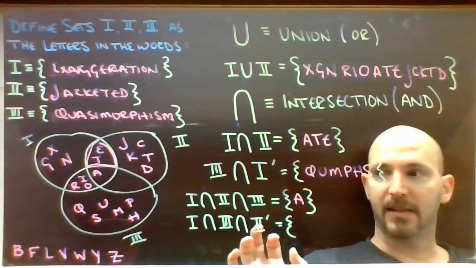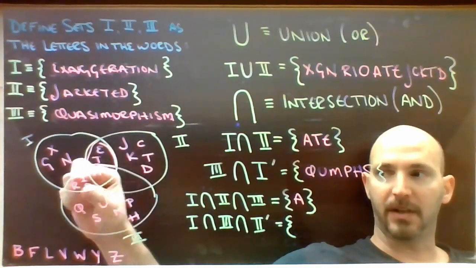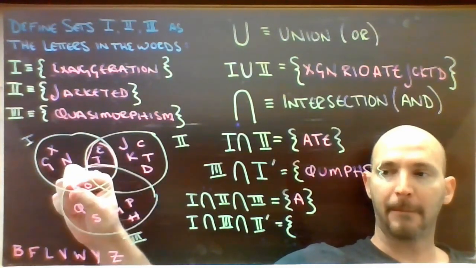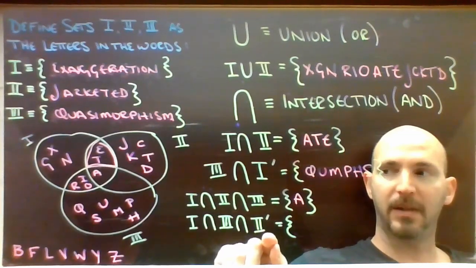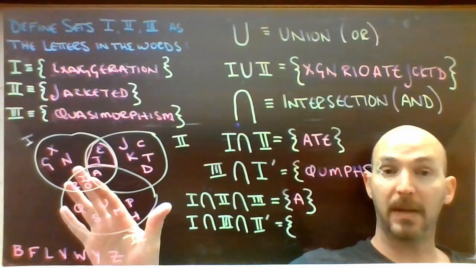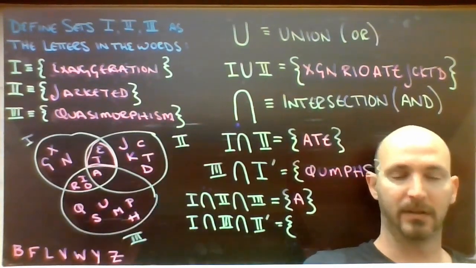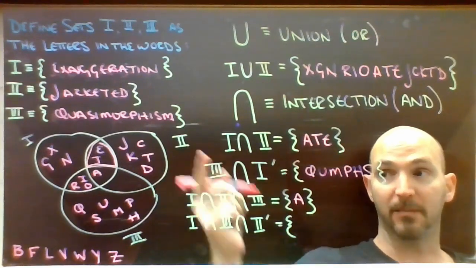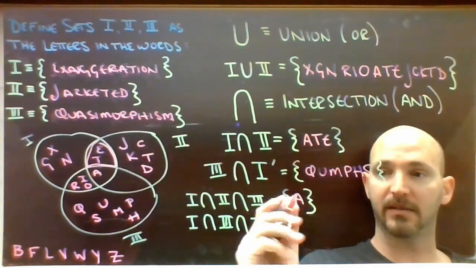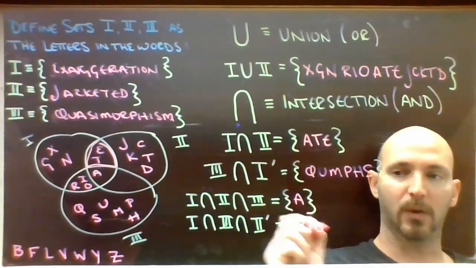So I have to find the sets that are in 1 and 3. Well, that's this little bubble. But they can't be in 2. So that means that R, I, and O meet the criteria of being in this one and not 2. The A gets left behind because of its jacketedness. So my letters would be R, I, and O.